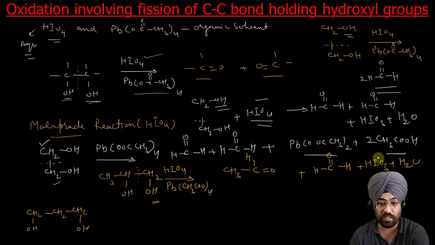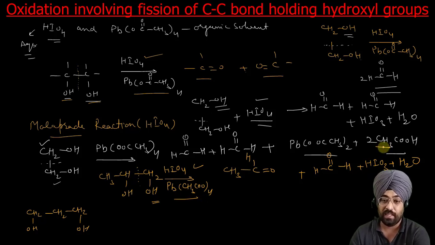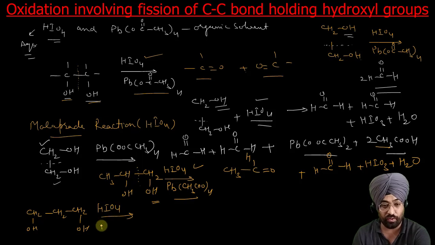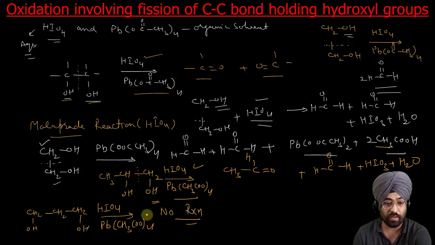If we use lead tetraacetate, we get acetic acid and lead diacetate. These are the products, but propane-1,3-diol upon reaction with HIO4 and lead tetraacetate shows no reaction. That is an important point.